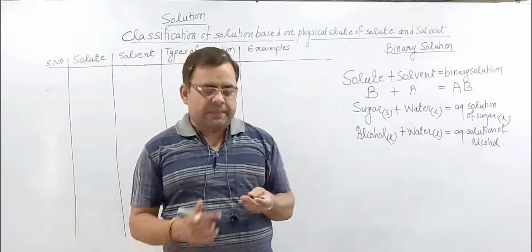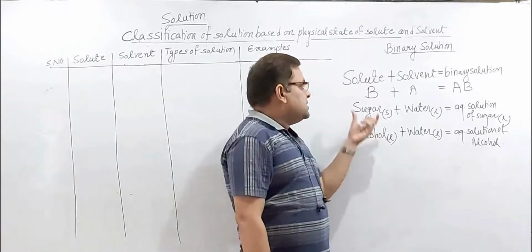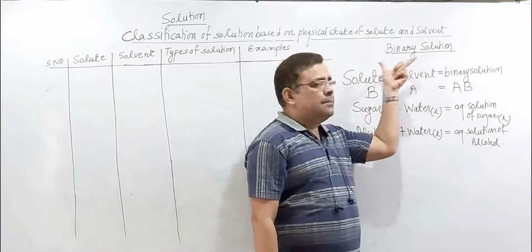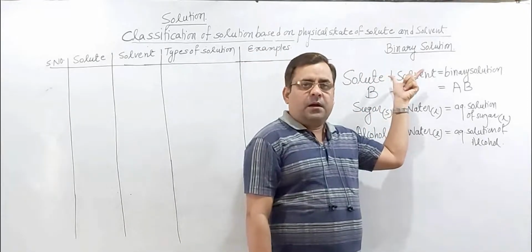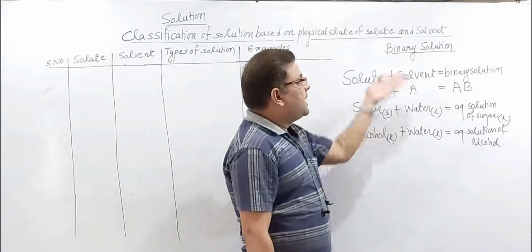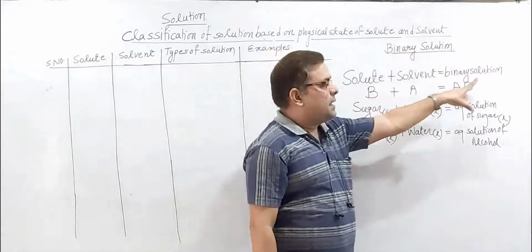Dear students, in this case the component present in a very small amount is called the solute, while the other component present in excess amount is called the solvent. A solution having one solute and one solvent is called a binary solution, like AB.